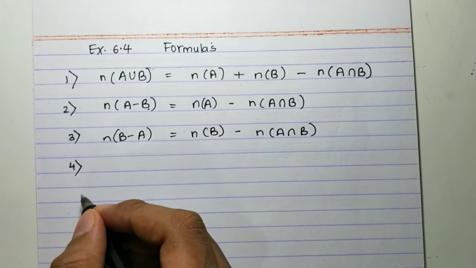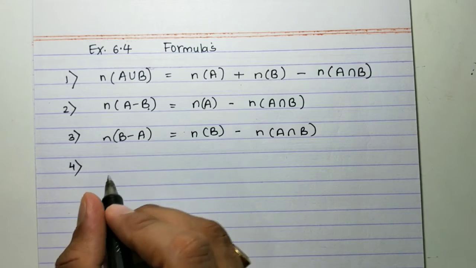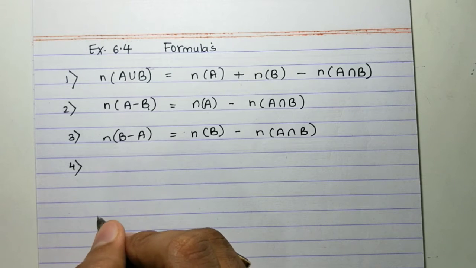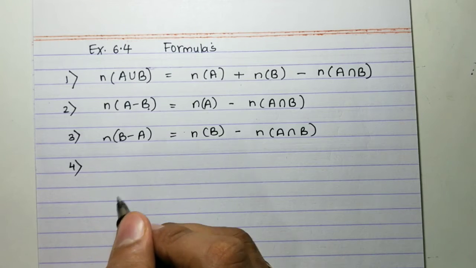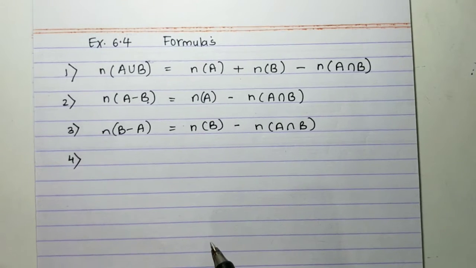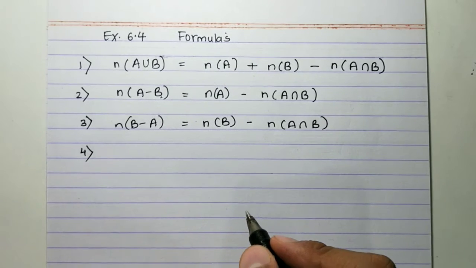Fourth one, if you want to find the complement of anything, always remember, complement means A dash, B dash, or anything complement. What you do? You subtract it from the universal set.